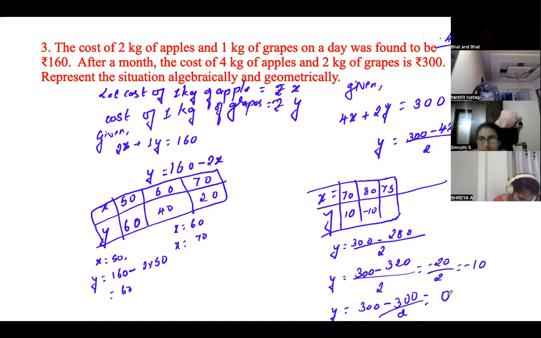Now plot the graph for this. Once you have finished plotting the graph, you have to tell me. Now, 1 minute. Before you plot the graph, can you tell me whether their graphical representation will be intersecting, parallel, or coinciding?